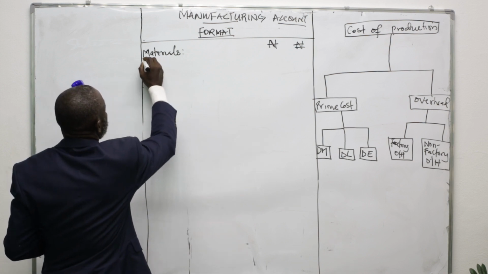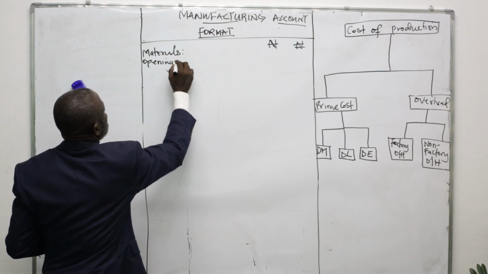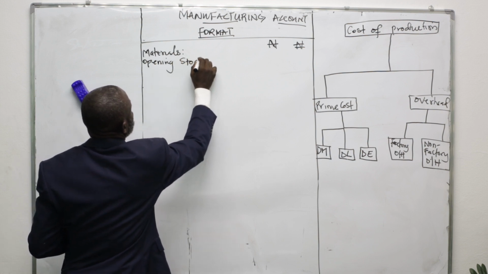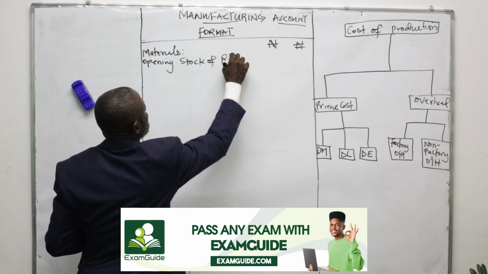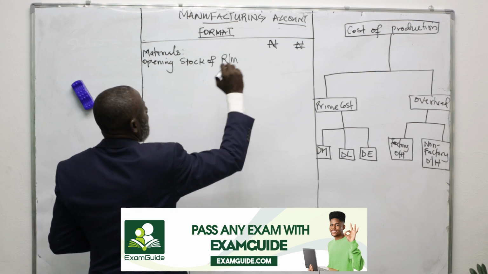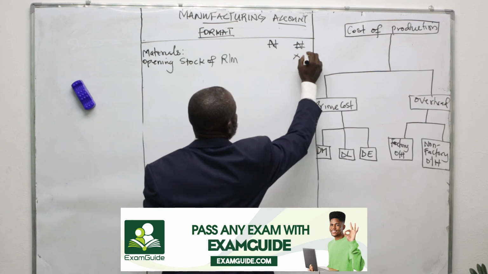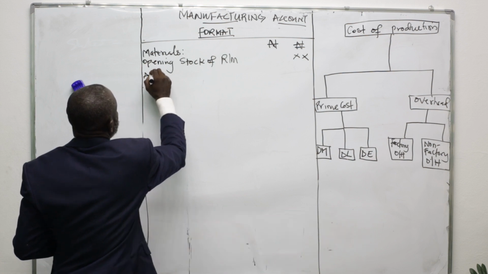So we have opening stock of raw material. Anytime I say R/M, I mean raw material. And then you add purchase.